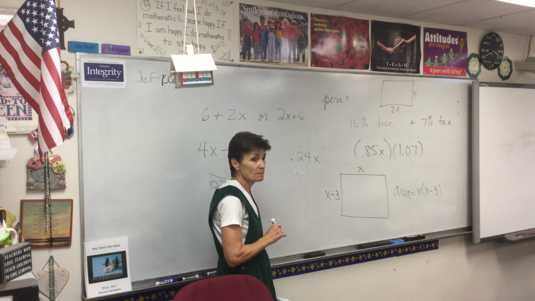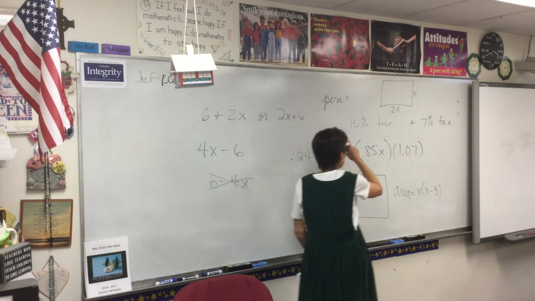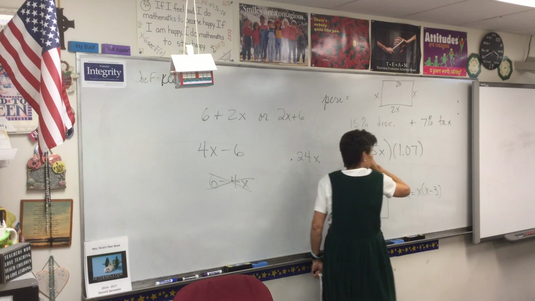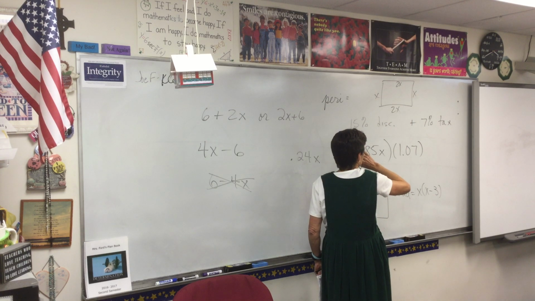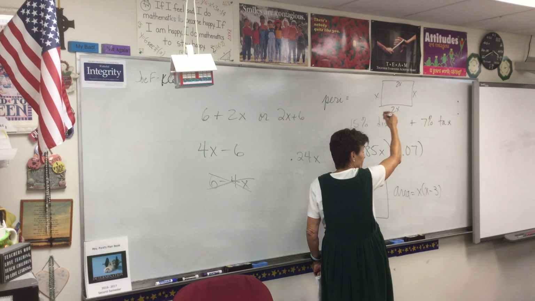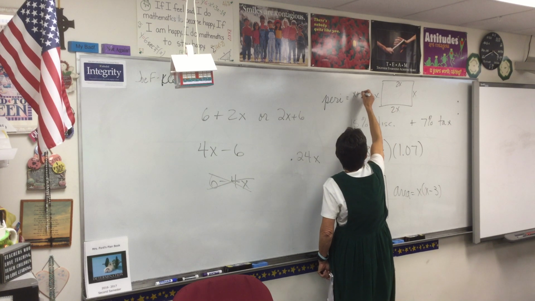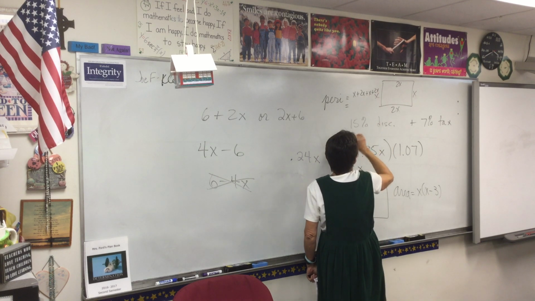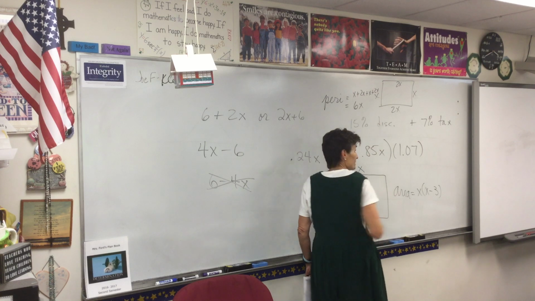That's one way of setting it up. It's a beautiful way. Now we want perimeter, not area. So if you want perimeter, that means you're going all the way around, right? So you add all those up. So x plus 2x plus x plus 2x. So my answer would be 6x.